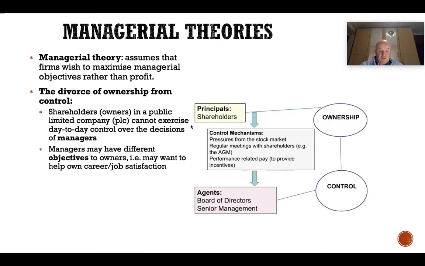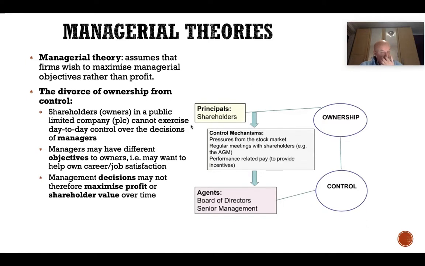So managers have different objectives to owners, and in some cases they're not necessarily going to match up, and clearly there's going to be some conflict as a result. It's then a case of managing that conflict or agreeing what the overall objective will be for the business, agreeing that between shareholders and managers, and then setting a course to achieve those objectives.